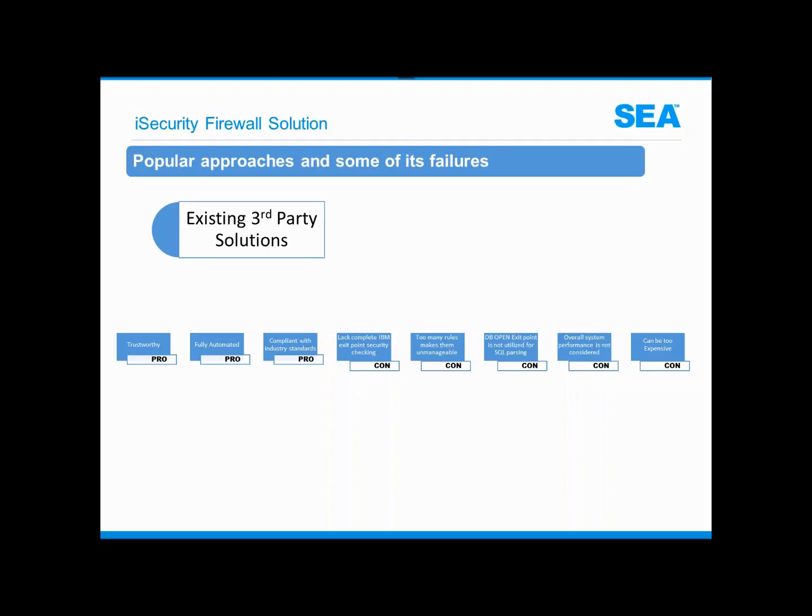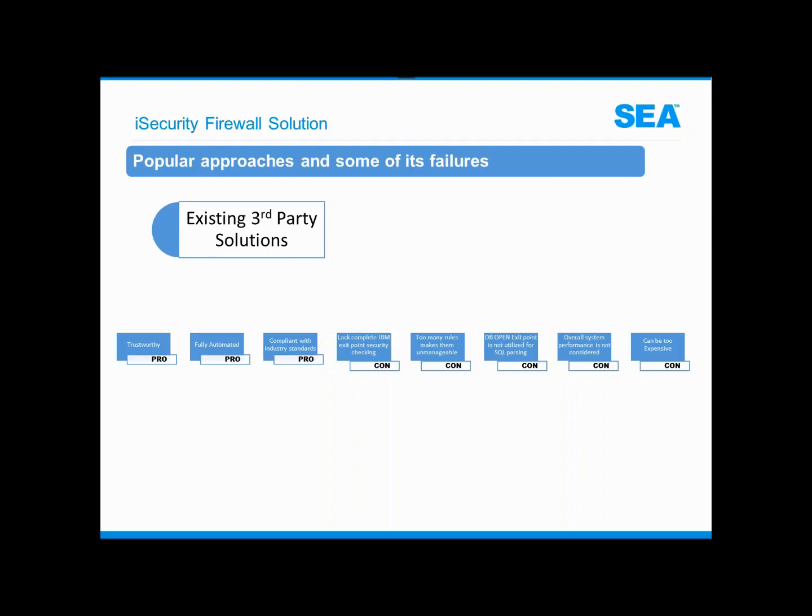looking at these solutions, we can see that they certainly lack complete IBM i exit point checking, because many do not use more than one layer of checking over the exit point.